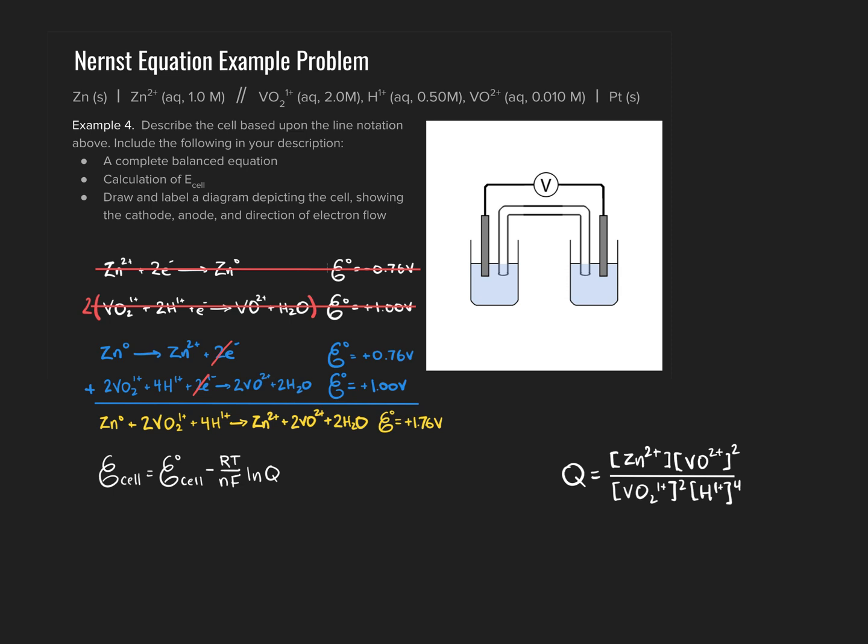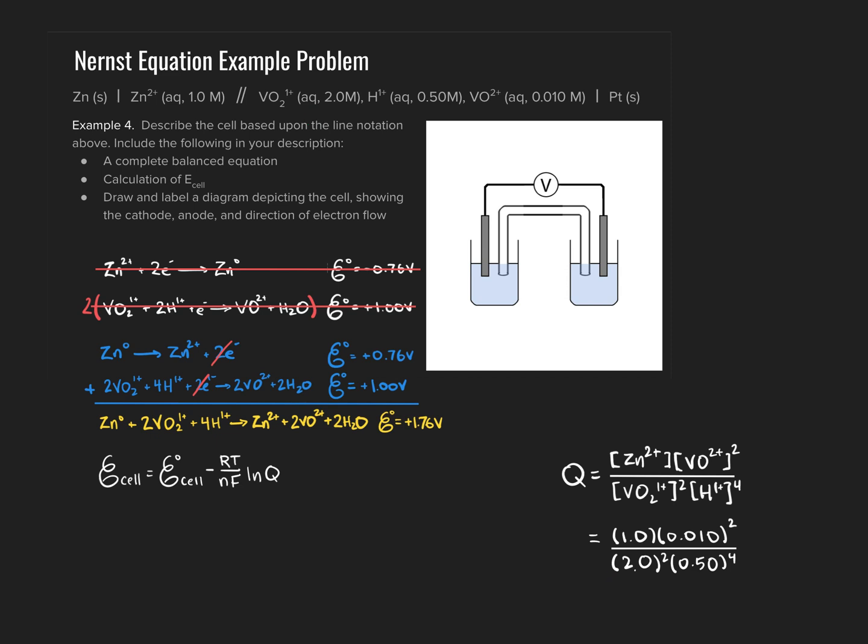Let's now go ahead and plug in the given concentrations from our described cell. Zinc's concentration was given as standard concentration of 1.0 molar in my numerator. The species VO2+ was given to me as a concentration of 0.010 molar, and again, that value is getting squared. And then in my denominator, the species VO2 1+, that was given to me as a concentration of 2.0 molar, which again, I'm going to square.